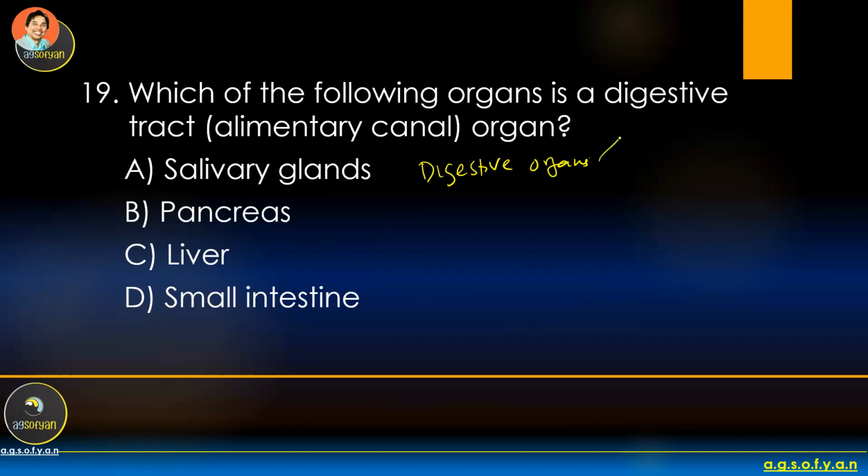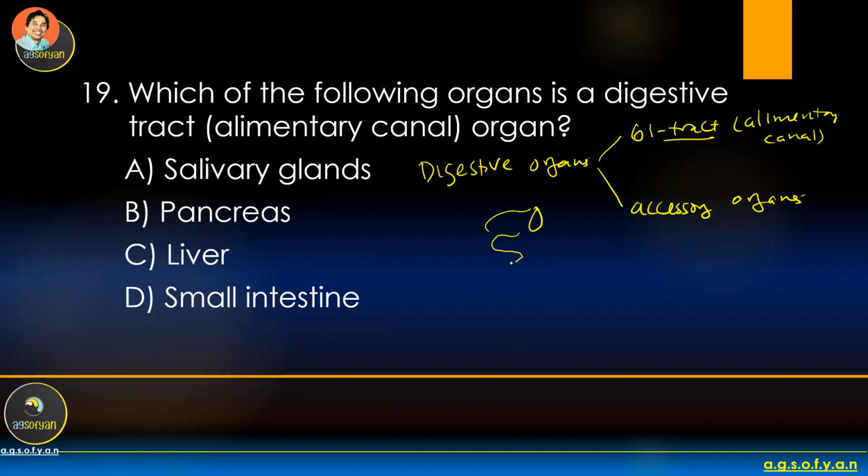The first one is called the GI tract or alimentary canal, and the second one is called the accessory organs. The GI tract, from the name, is a tract. It starts from a hole and finishes in another hole. So it starts from the mouth and finishes at the anus.